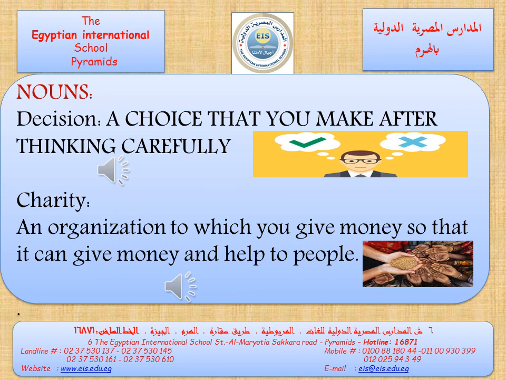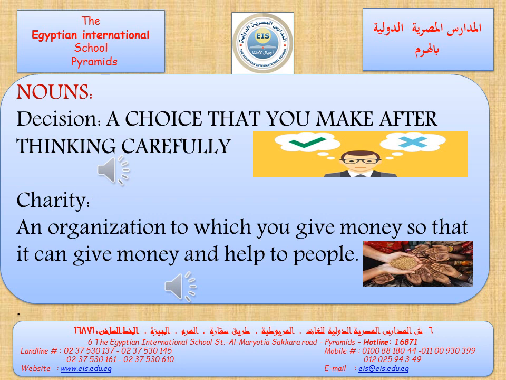Decision, a choice that you make after thinking carefully. It is a conclusion or judgment after consideration. For example, the judge's decision is taking a long time. Charity, an organization to which you give money so that it can give money and help to people.